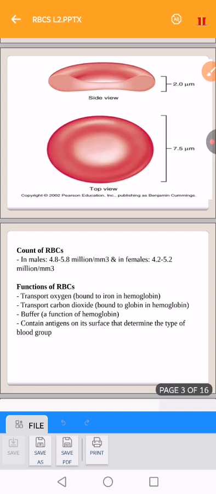Any person has a blood group, like me, it's O positive. There's A positive, B positive, O negative. The blood group is a function of the RBCs. We have antigens on the surface of the RBCs, and those antigens determine the type of your blood group.